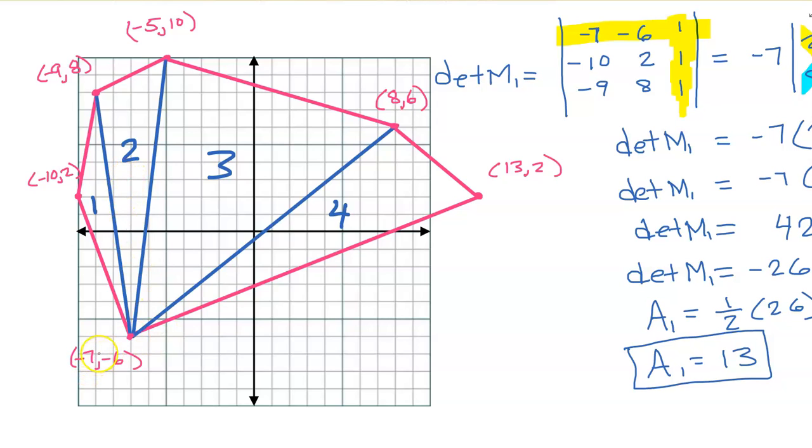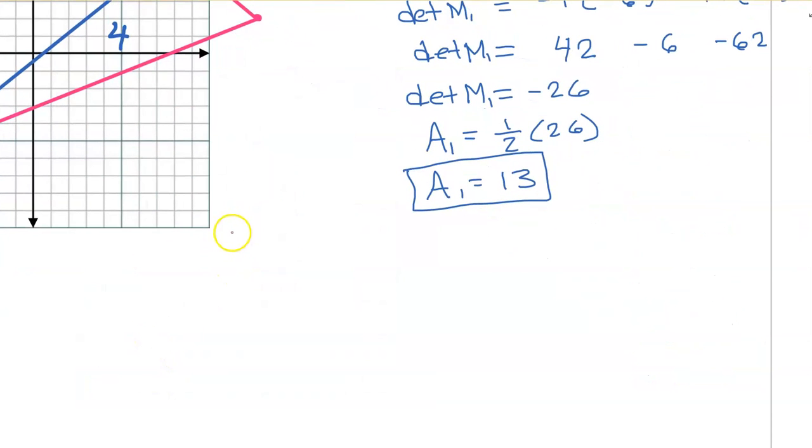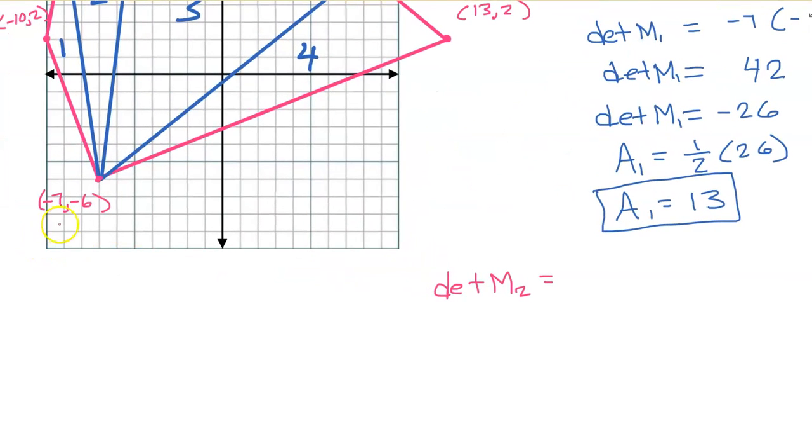The vertices are -7, -6. So we're in the process of finding the determinant of matrix 2 right now. Okay, so we're starting with -7, -6.